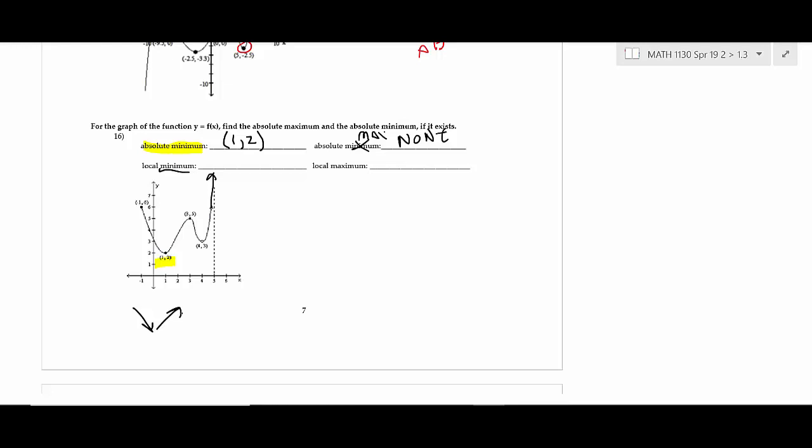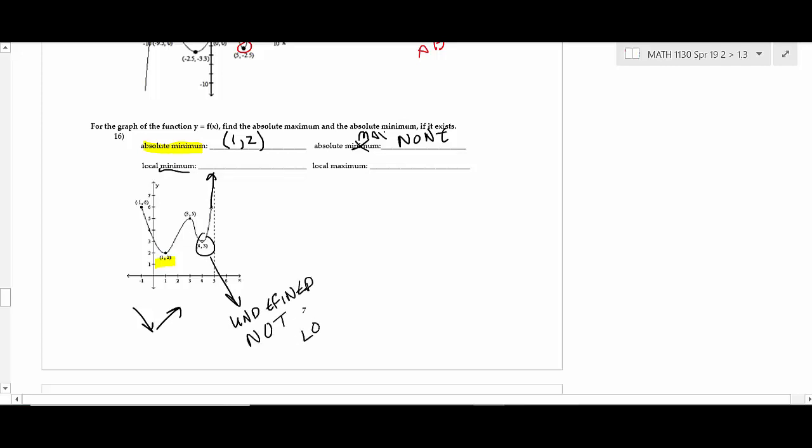There's a bubble there. So it has to be defined there. So you have to kind of pay attention to these little details right there. Since it's undefined, then that's not a minimum, okay? That's not a local minimum. So the only local minimum we have would be (1, 2). So that's basically, it's absolute and local. They're both the same.